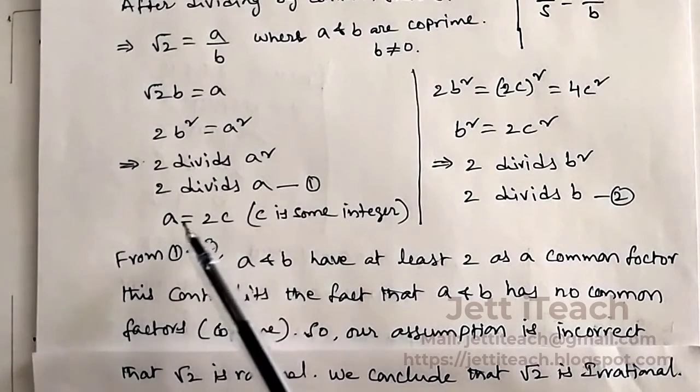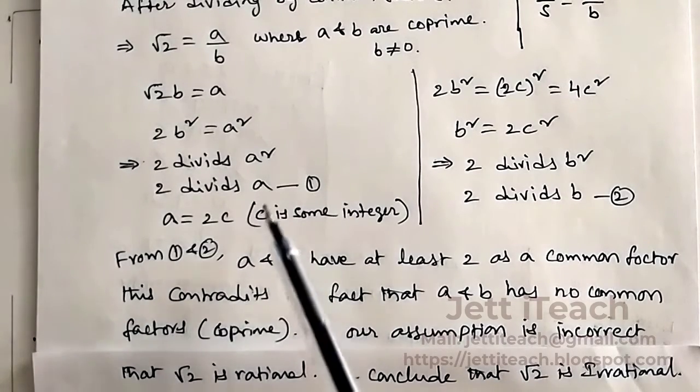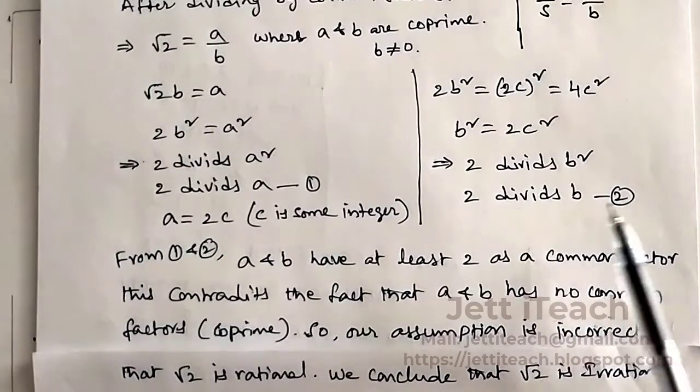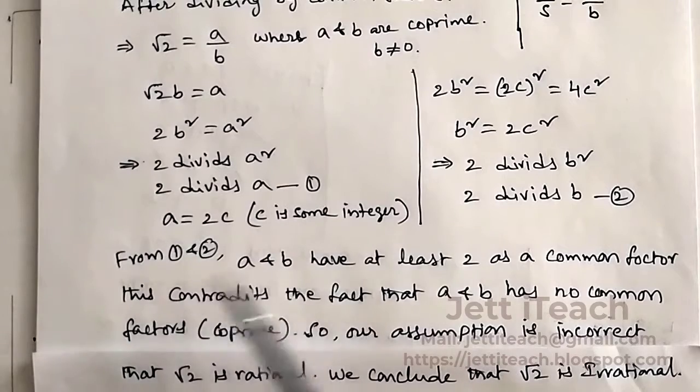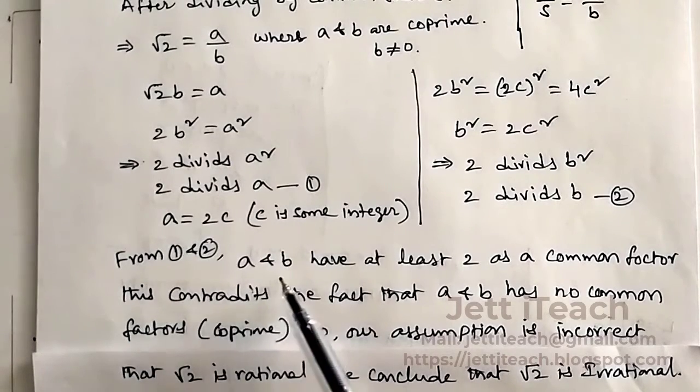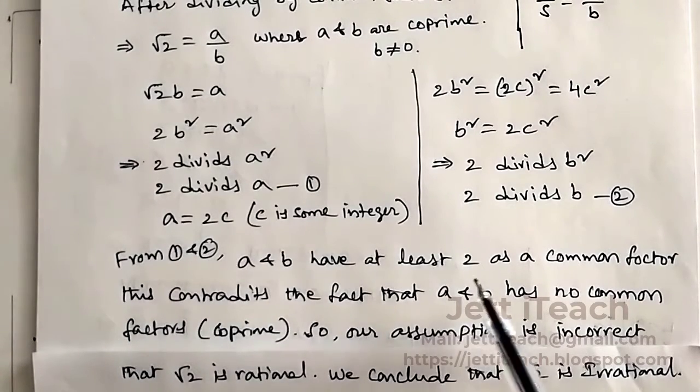From 1 and 2, one says 2 divides a, 2 says 2 divides b. It means that from 1 and 2, a and b have at least 2 as a common factor.